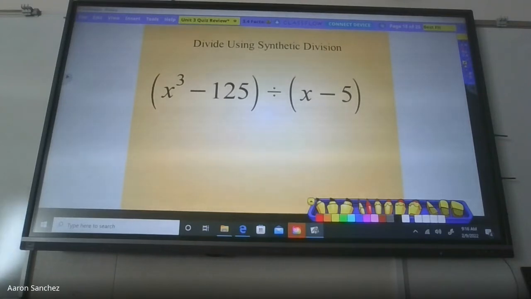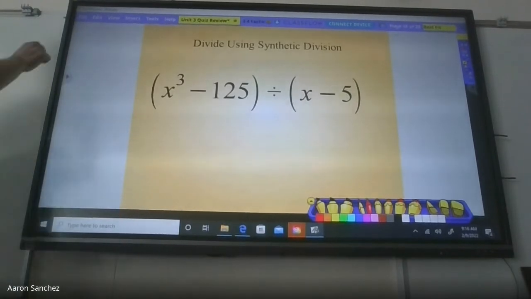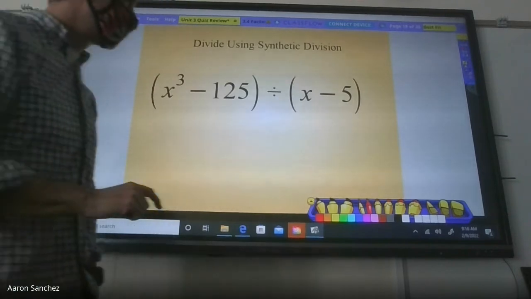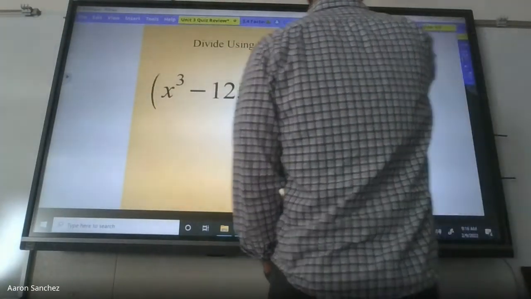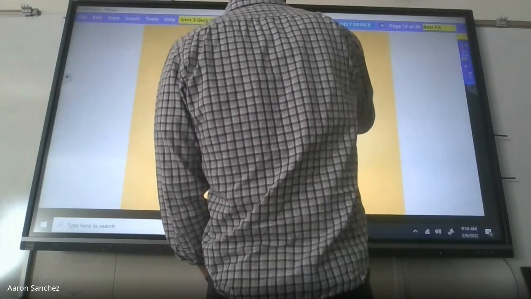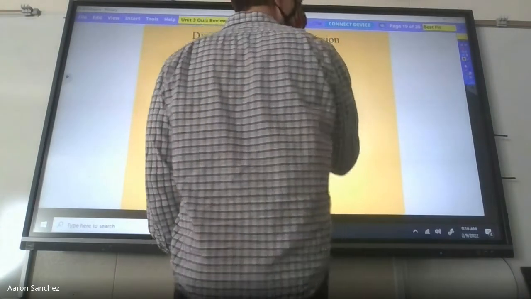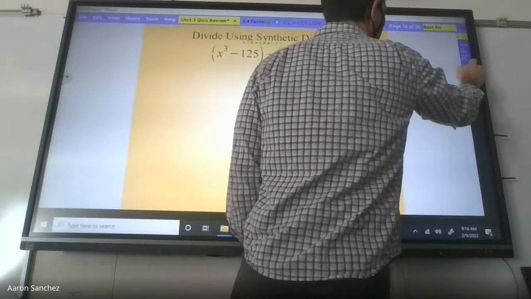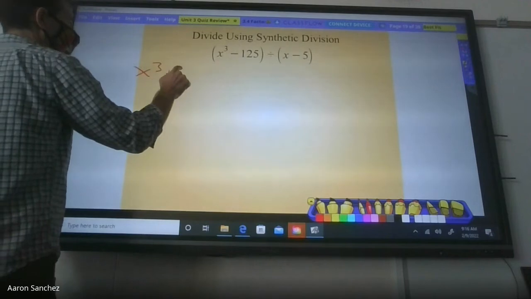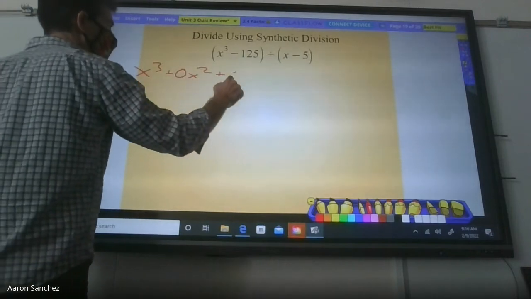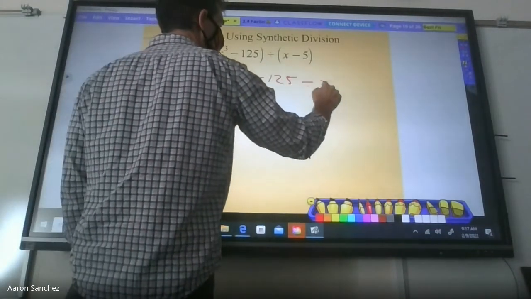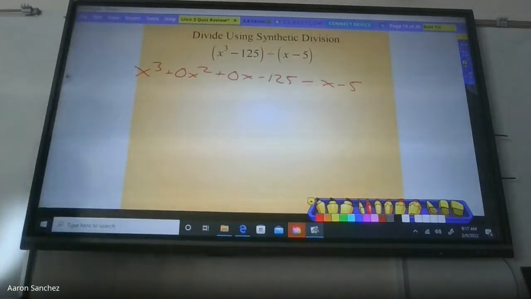We're missing a lot of x's, right? X cubed plus 0x squared plus 0x minus 125 divided by x minus 5. That's what I would do. I'd write it like that first so I can see.